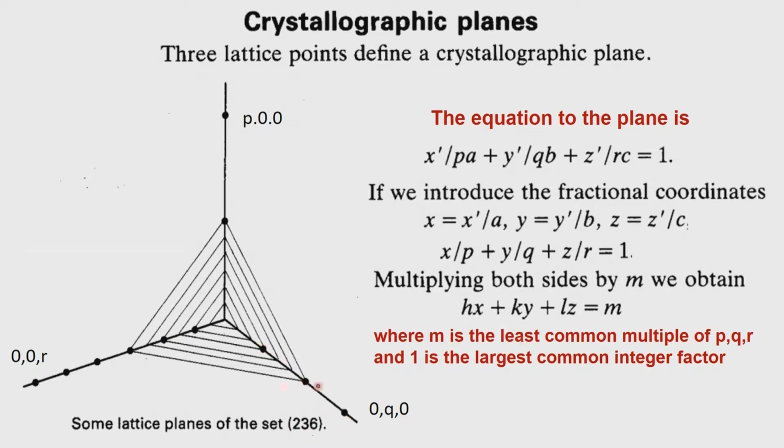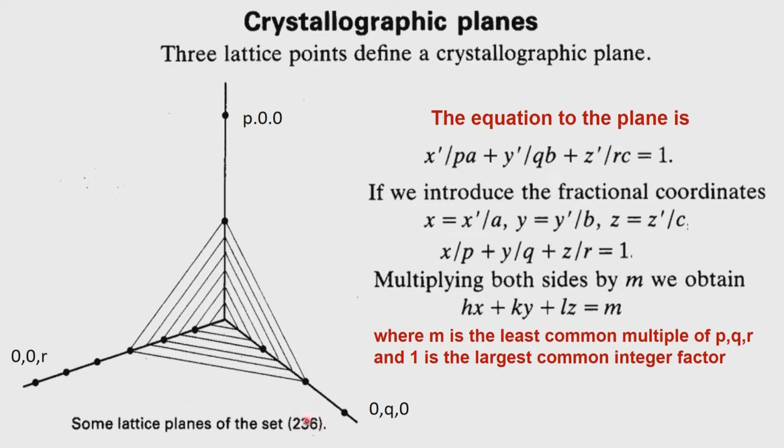So, if we join these 3 points, p 0, 0, 0, 0 r and 0 q 0 from the origin which is at 0, 0, 0, this represents the plane 2, 3, 6: 2 units along the x axis, 3 units along the y axis, and 6 units along the z axis.